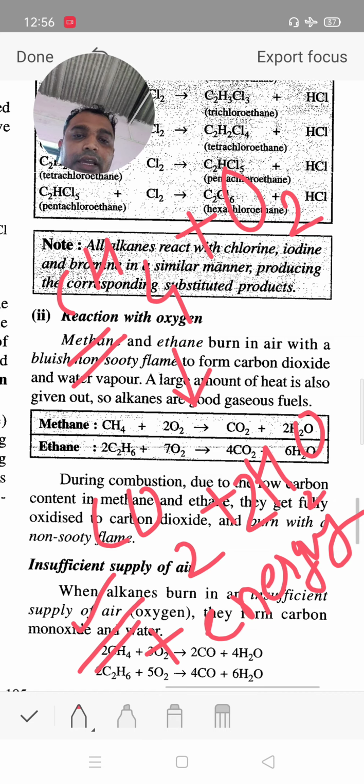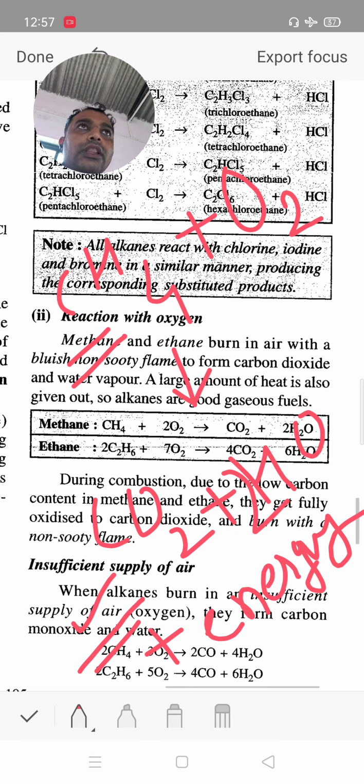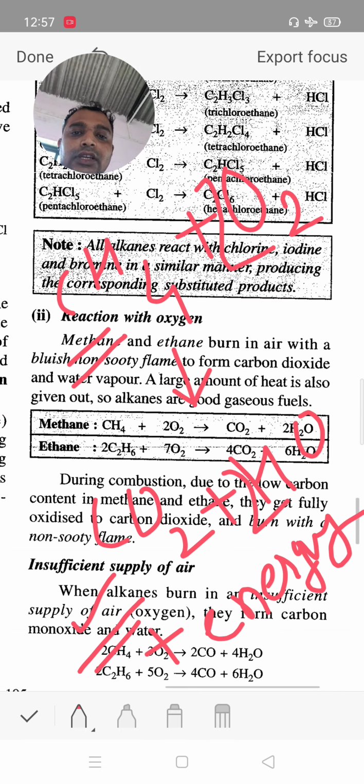Now count the number of oxygen. The product has a total of 4 oxygen: 2 oxygen in CO2 and another 2 in the water. But the reactant has only 2 oxygen, therefore balance with 2 times O2.